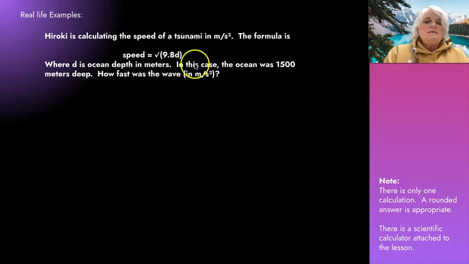So in this case, the ocean is 1,500 meters deep. How fast was the wave in meters per second squared? Basically, they're giving me d, and they're giving me the formula, so I'm plugging in that 1,500 for d.